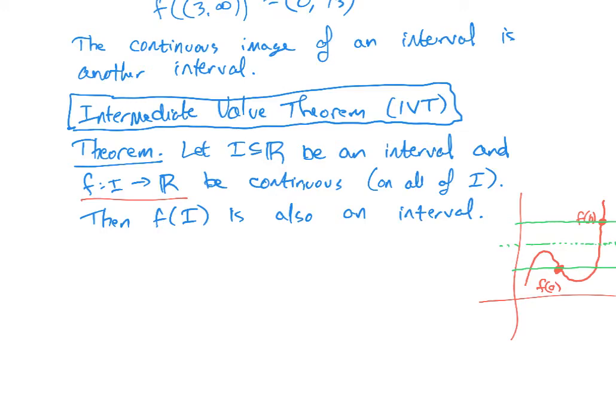You'll notice this example also took on values outside of that range. We're not saying that can't happen. It definitely can happen. But the only thing we're going to be able to guarantee is values between those two. And I think in the picture it's pretty clear why this is happening. The continuous function is not allowed to jump over that dotted line.